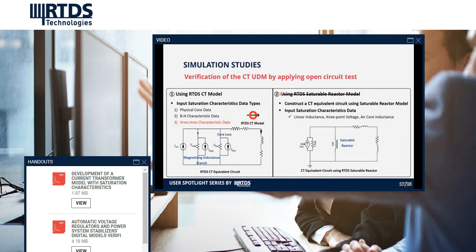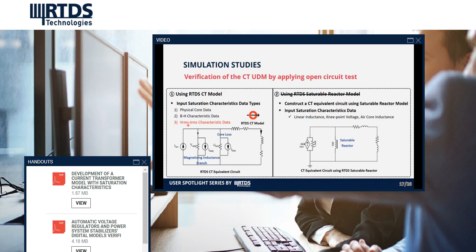In fact, there are two ways to simulate CT saturation in RTDS. One is using the RTDS CT model, and the other is constructing a CT equivalent circuit using the saturable reactor model. As mentioned earlier, the VRMS-IRMS 10 points from the excitation curve will be used.